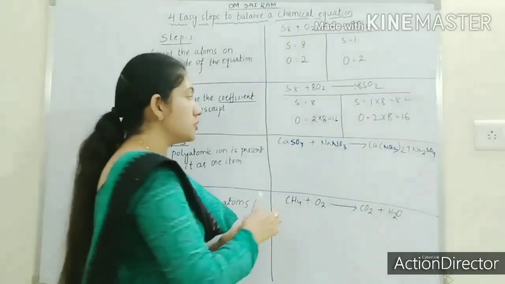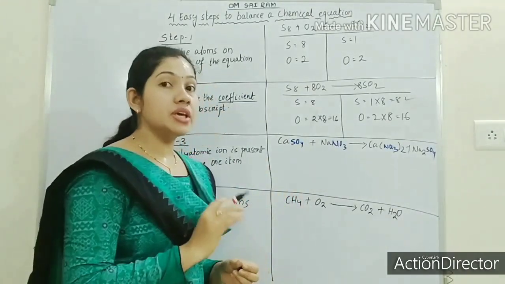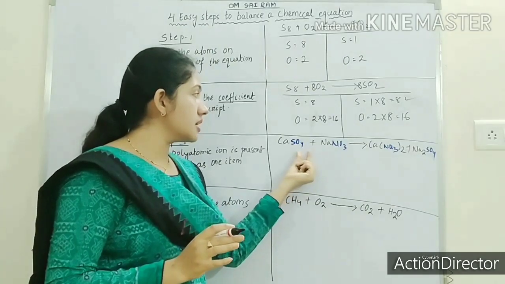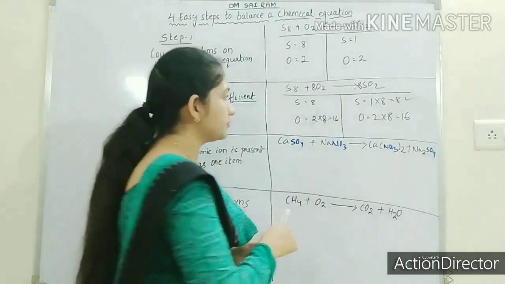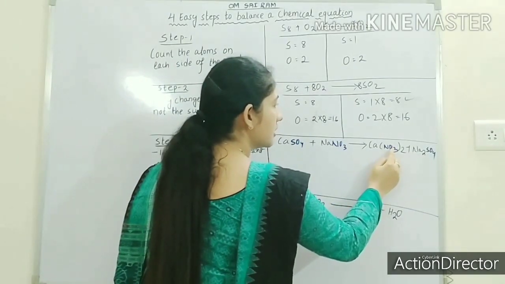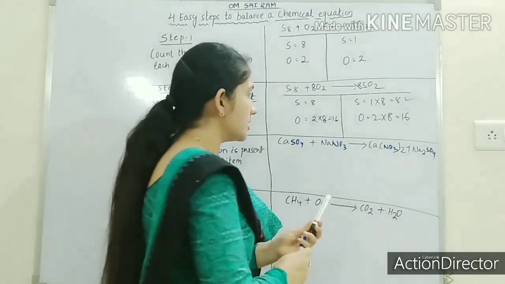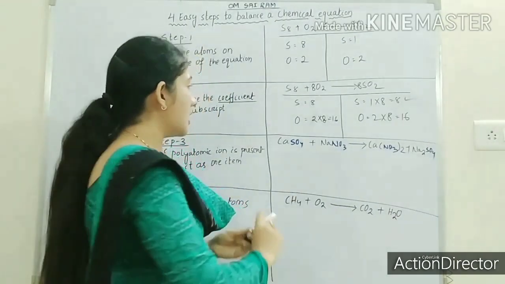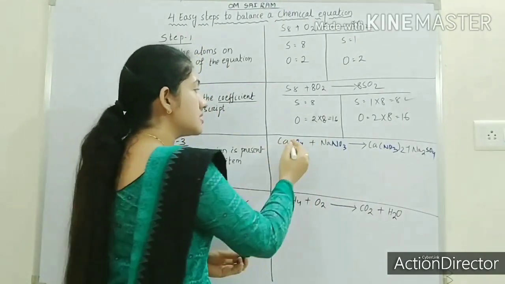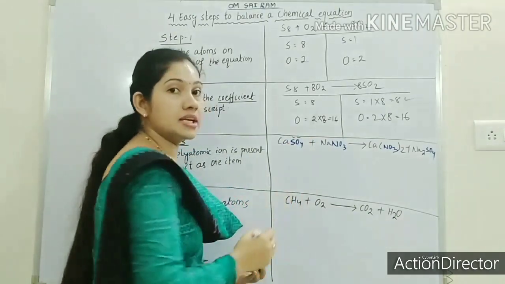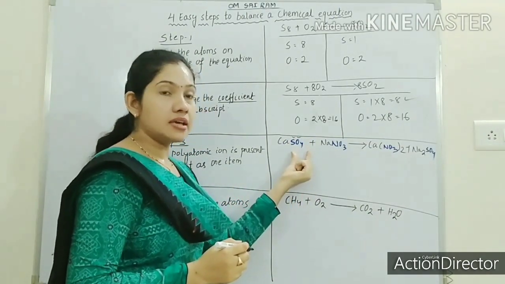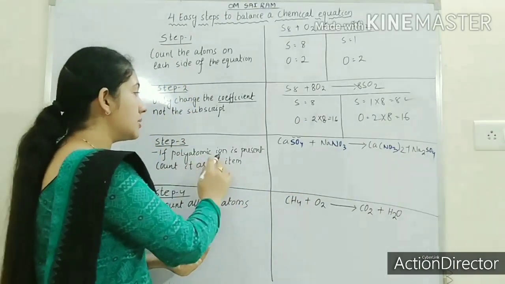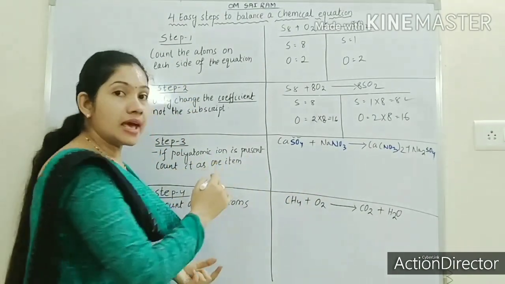SO4 means we cannot take sulfur and oxygen separately, because this is a polyatomic ion. So combinedly we have to take it. That is, if a polyatomic ion is present, count it as one item.